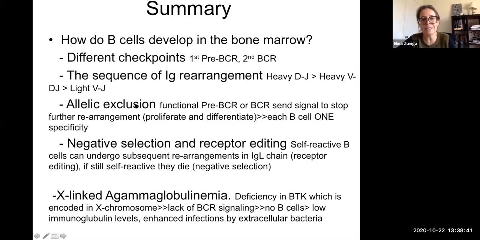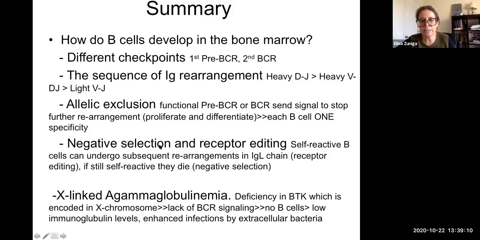We also learned that this allelic exclusion, this inhibition of further gene rearrangement, allows each B cell to have just one specificity. You need to understand why that is: it's because you only want to have rearranged one variable region for the heavy chain and one variable region for the light chain in a particular developing B cell.